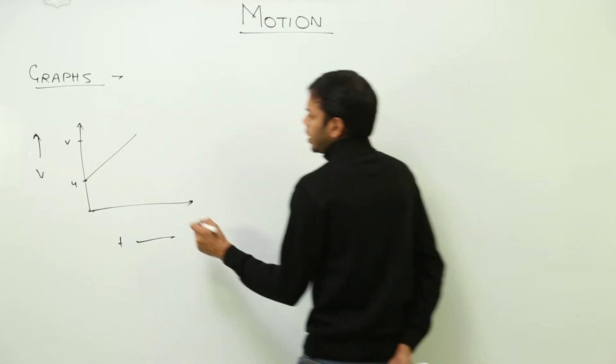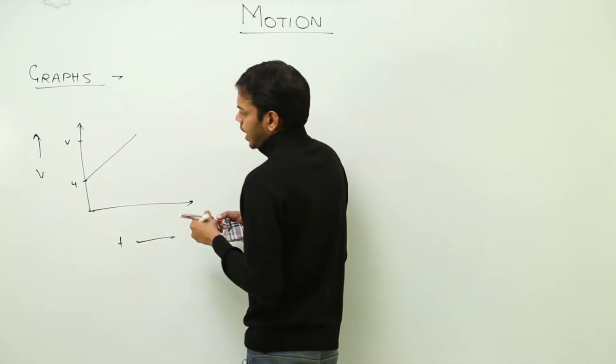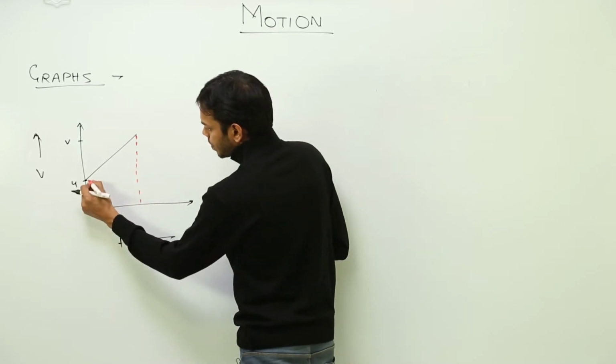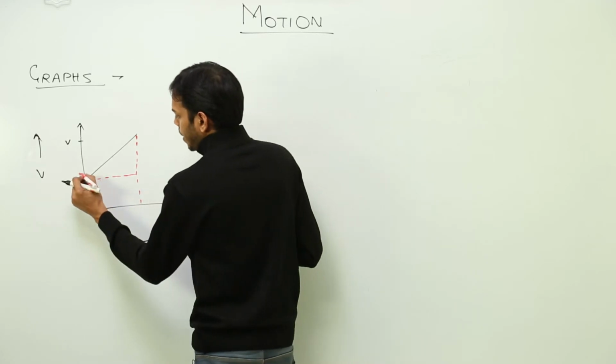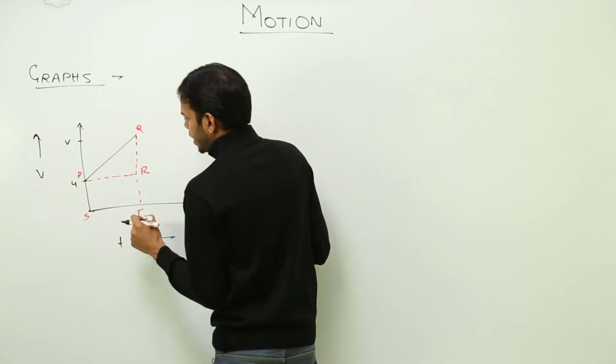So first of all, let's name it. Let's mark all the points which would be required. Okay, let's name it P, Q, R, S, T.